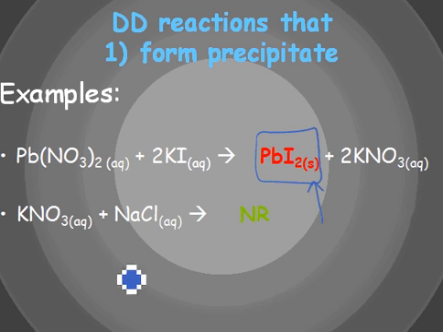If you look at this example, potassium nitrate plus sodium chloride, when you look up, you're going to actually have potassium chloride plus sodium nitrate. And when you look up both, they are both soluble. So instead of writing that out, we write no reaction.